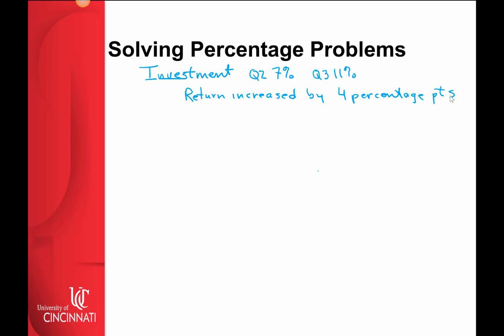The percent increase is going to be whatever the new value is minus the original value, divided by the original value. Is that formula starting to get familiar? Okay, which is going to be 4 over 7.